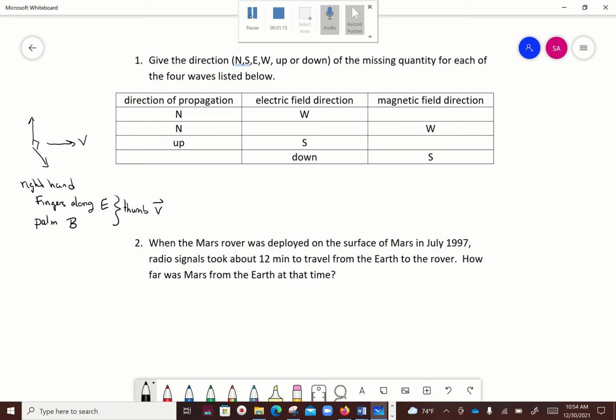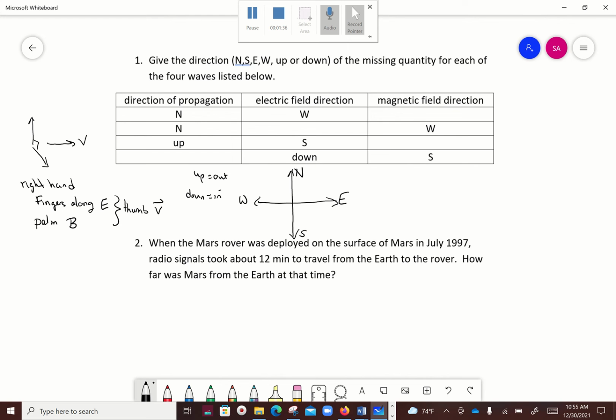So let's draw on here a coordinate system, so north, south, east, and west. And up will be out of the page, and down will be into the page.